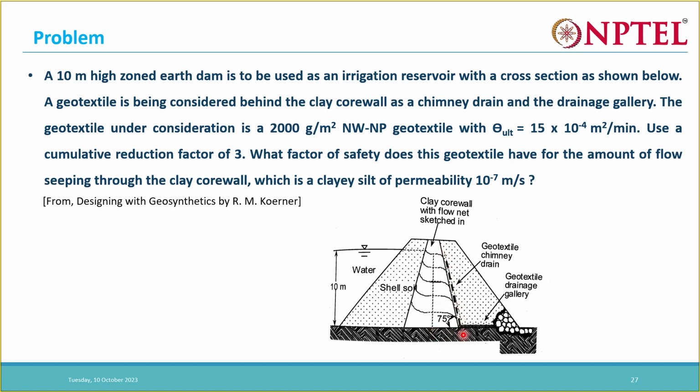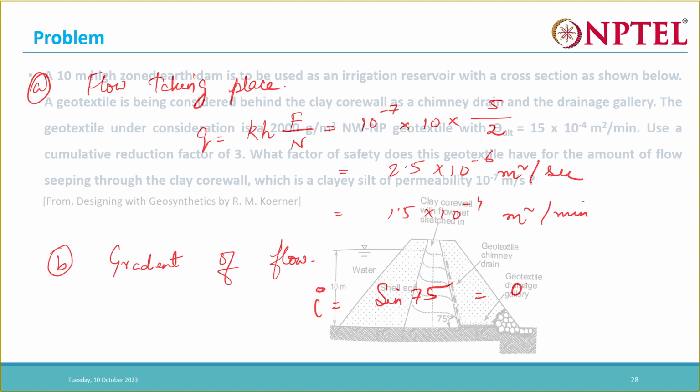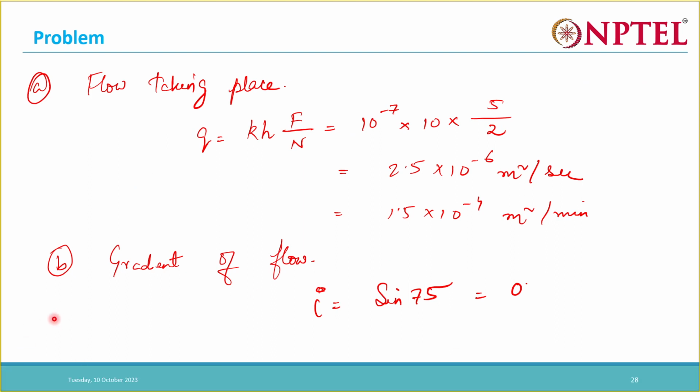So H by L you can get by taking sine 75. Sine 75 is opposite by hypotenuse. Opposite is H, the head, divided by L. So sine 75 will give us the gradient of flow. So we found the gradient of flow by taking sine of 75, which is 14.9.